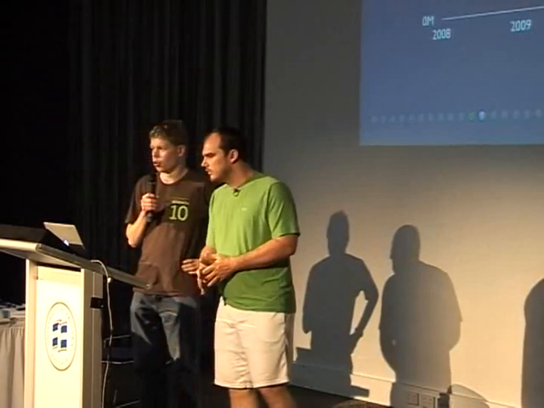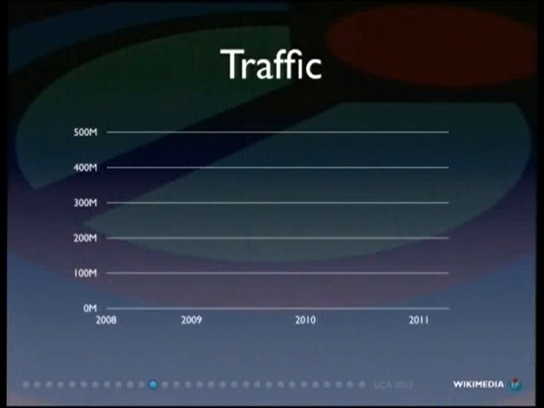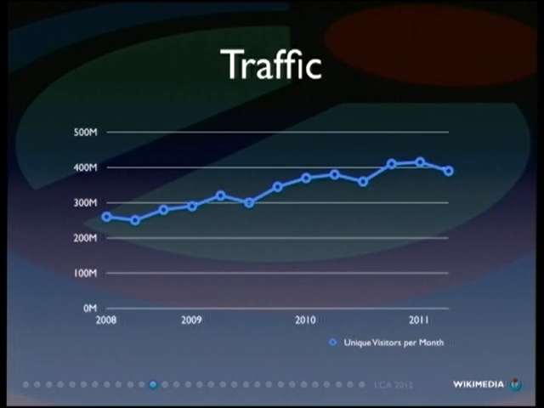Another kind of unique issue that we had was that we are the largest open source website deployment in the world. So we have a significant amount of traffic. These are traffic numbers over the last couple of years. We had about 250 million unique visitors per month a few years ago, and it was around 400 million in mid-2011.